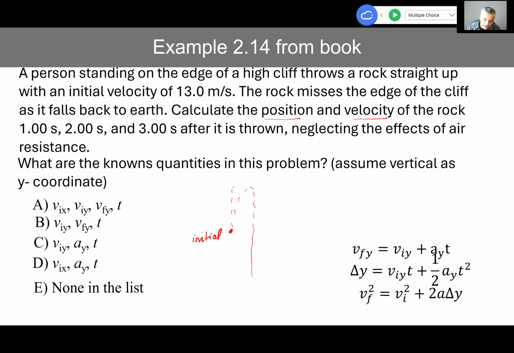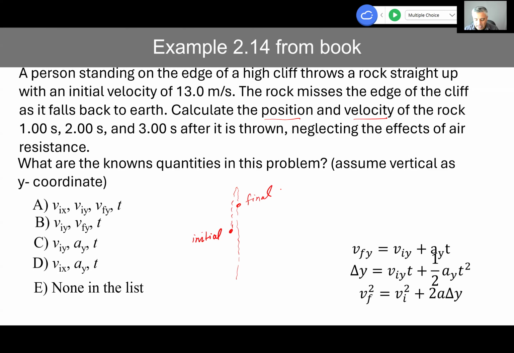It's going to go up and then come down, but to separate the upward and downward motion, I'm drawing it a bit separately, okay? So the final could be anywhere depending on the time. Let's say for 1 second, the final is somewhere here. We don't know where it is, but anywhere. So we just want to fix that.